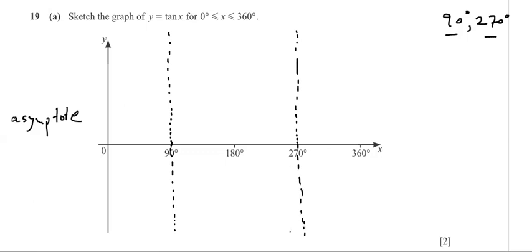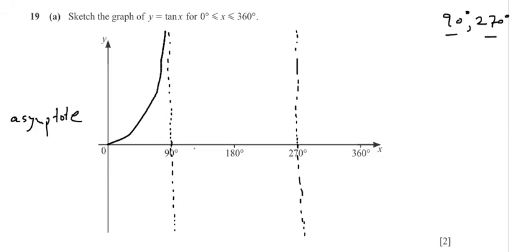Then from 0 to 90, the graph of the tangent will remain above the x-axis and the shape will look like this. As it gets closer and closer to the asymptote, it will never touch it. Till infinity it will go.